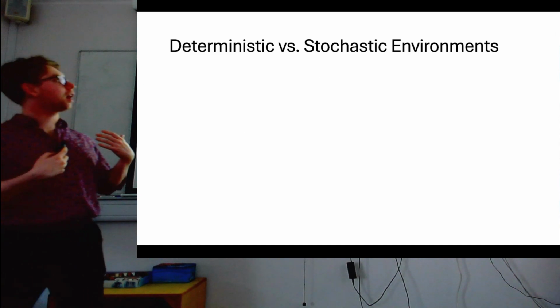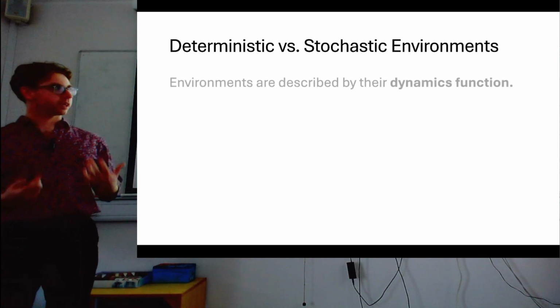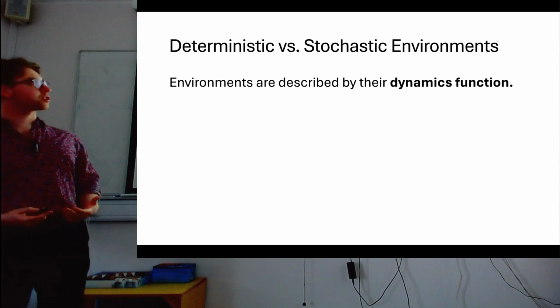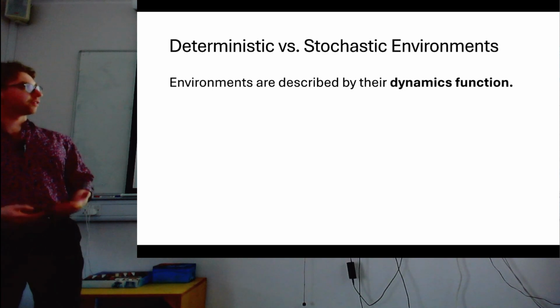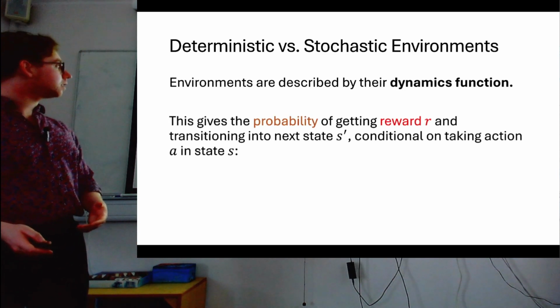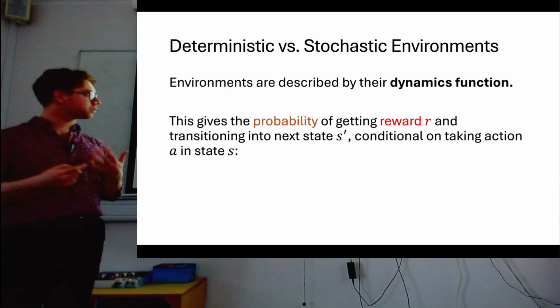The way we describe environments is using their dynamics function. The dynamics function is a specification of the probability of getting a specific reward and transitioning into a certain next state, conditional on taking a certain action in a certain state. And we denote it like this.